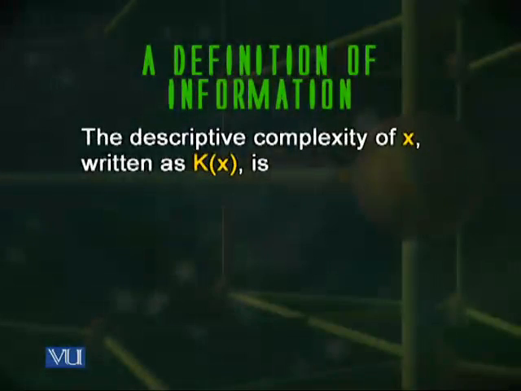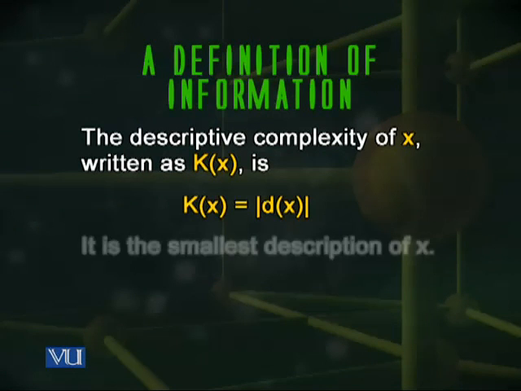The descriptive complexity of X, which we will write as K of X, is going to be the length of the shortest description of X. It is the smallest possible description of X. What we're saying is that the shortest possible description of X is not given by describing X, but given by describing a procedure that produces X. So I take a procedure, or a Turing machine, formally it is a Turing machine, and give you some data.